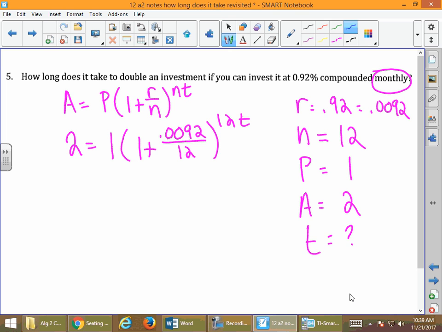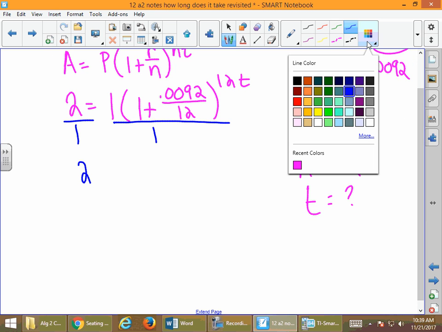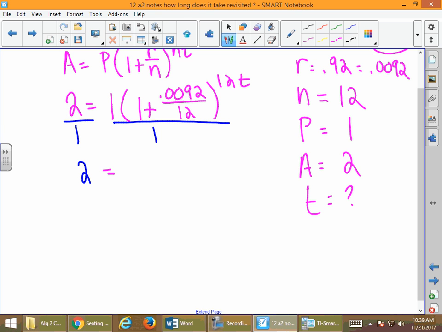But we can still go through the isolation process. We can divide both sides by 1, which is something that we don't really need to do. But we end up with 2 equals 1 plus 0.0092 divided by 12 to the 12t. And for the most part, the hardest part about this is how much we have to write down.